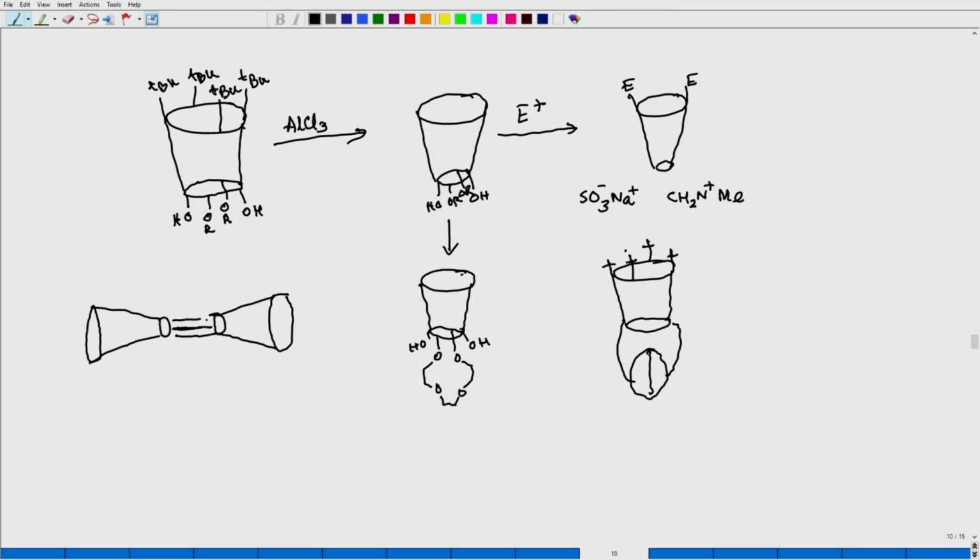Okay, this can be combined, and we can get many different types of structures.